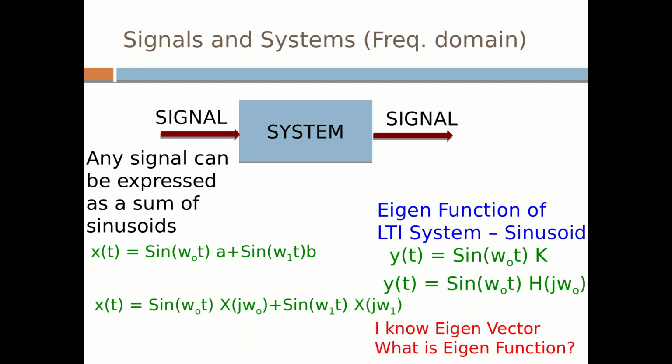We know that eigenfunctions are the ones which, when operated on by an operator T, give out a scaled version of the input eigenvector itself. Eigenfunction is similar to an eigenvector. When we pass an eigenfunction to an LTI system, we get a scaled output of the same eigenfunction.